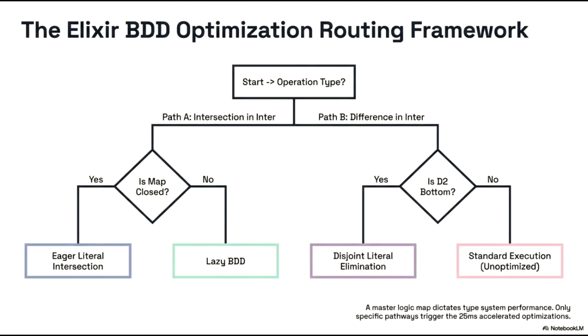Alternatively, path B manages differences within an interval by determining if D2 represents the bottom element. If so, the system applies disjoint literal elimination. Otherwise, it defaults to standard, unoptimized execution. By directing traffic through these specific logical pathways, we are able to trigger 25 millisecond accelerated optimizations, ensuring peak efficiency for the language's type system.